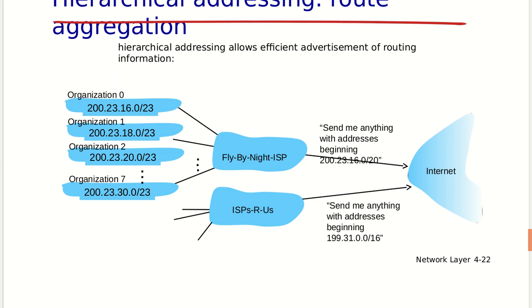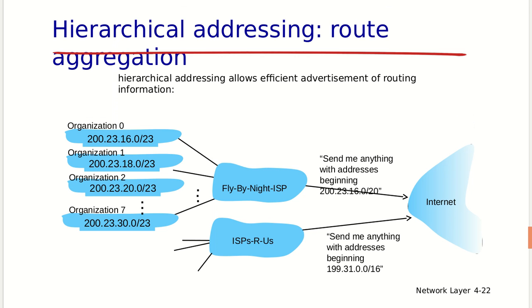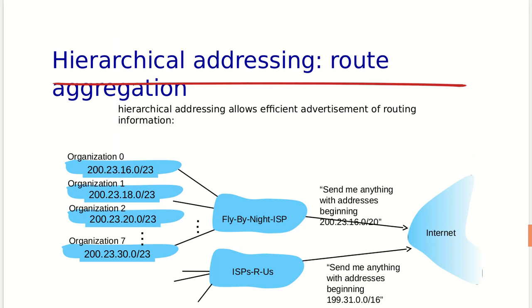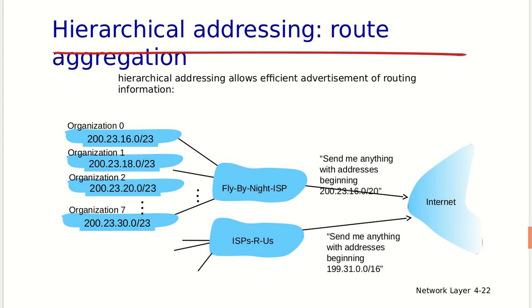For the first example, you can see that 200.23.16.0/23, and 18.0, 20.0, and 30.0 are connected to ISP number 1. Now if you compress all of these IP address ranges, you can cover all of them using one single range of IP addresses, which is 200.23.16.0/20.